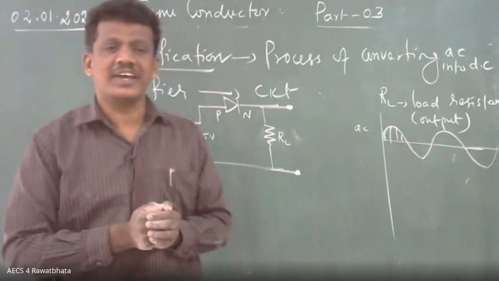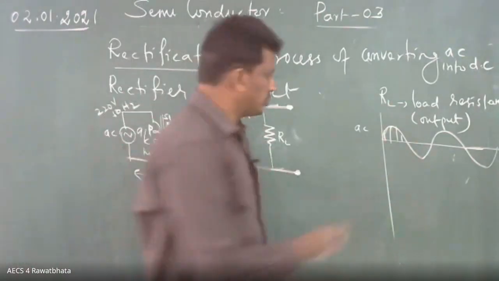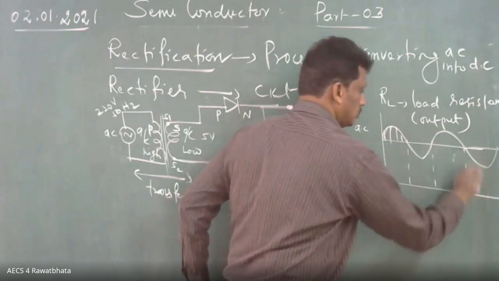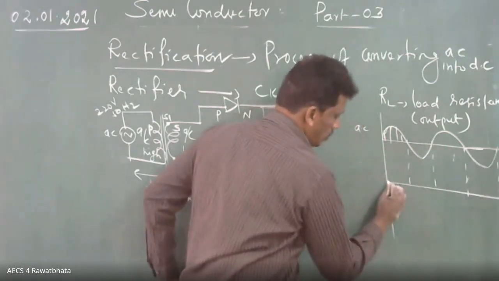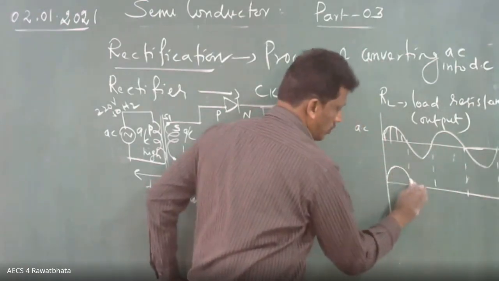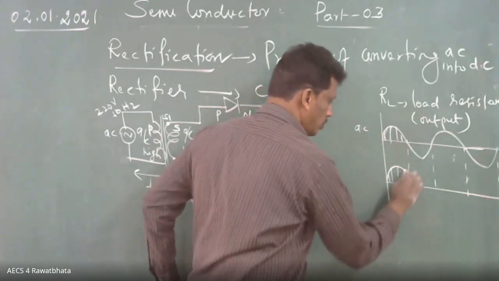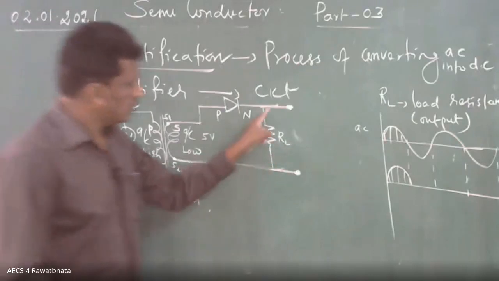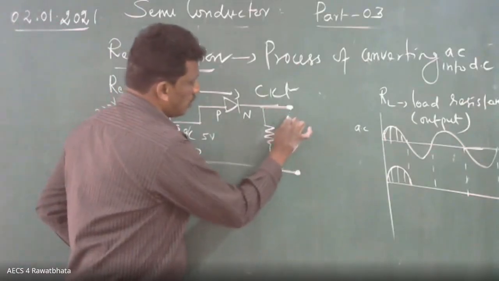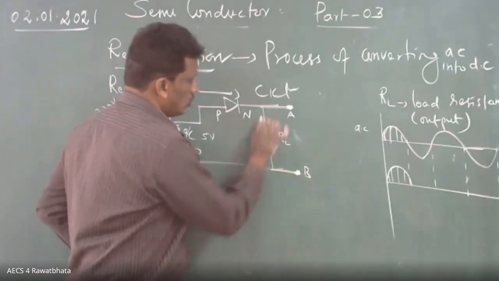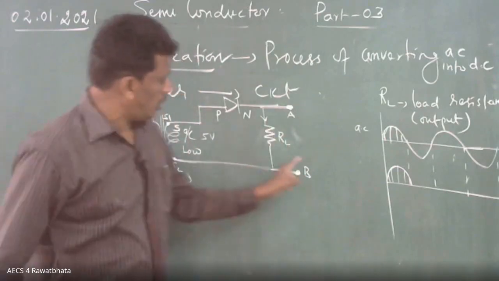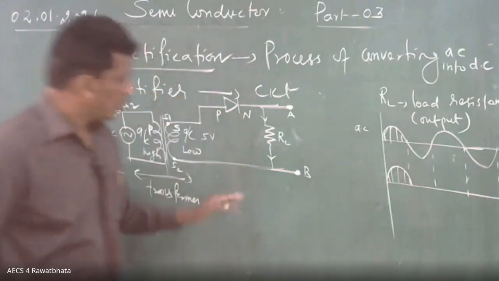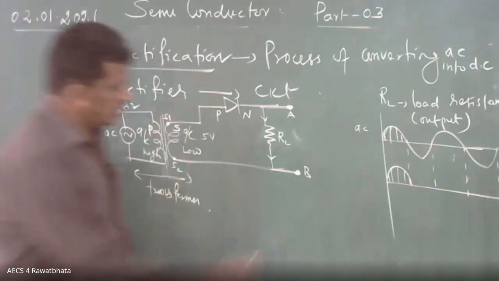Majority charge carrier, so you get the output. Current flows from here; suppose you make the point A, so A to B the current is flowing. So S1 positive in this case, S2 negative, and no need to bother about S2.